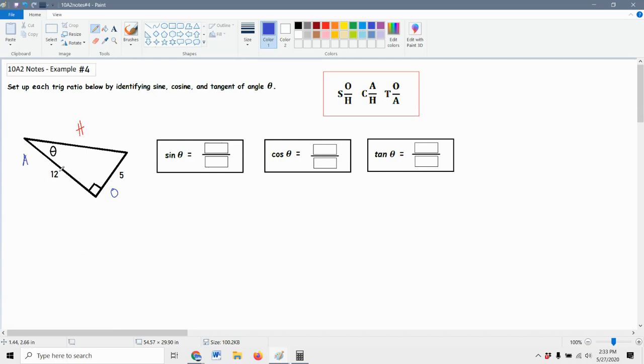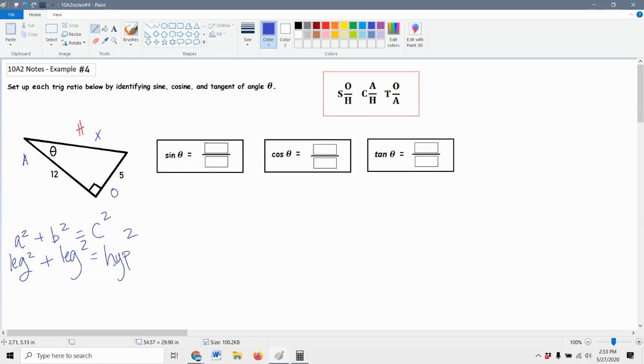And just like on example number 3, look at this. We're missing a side length, okay? So we're going to just use that wonderful formula from the Pythagorean Theorem, a squared plus b squared equals c squared. Now that missing side we labeled with x, okay? And again, a squared and b squared, those are legs, right? C squared is always the hypotenuse squared, okay?